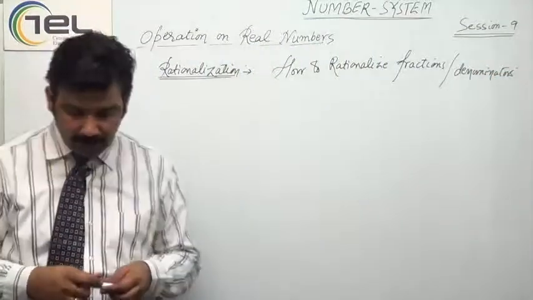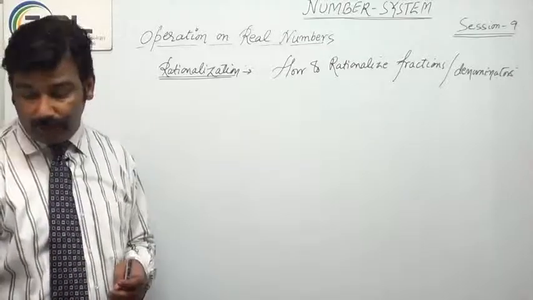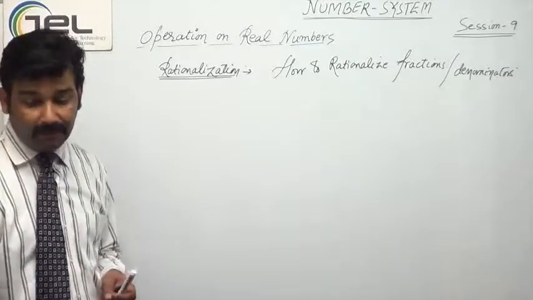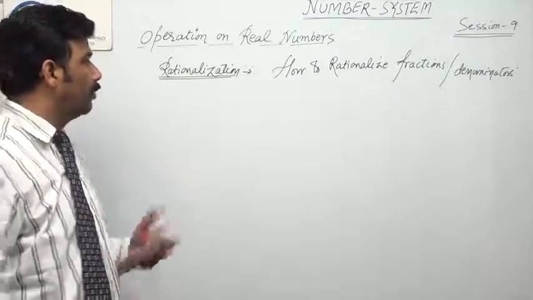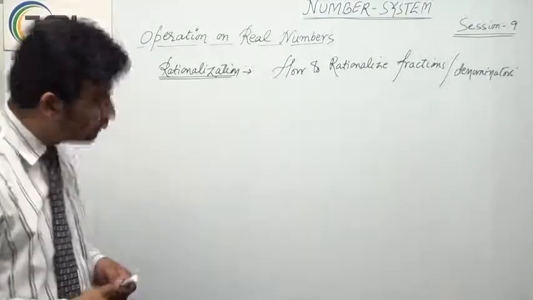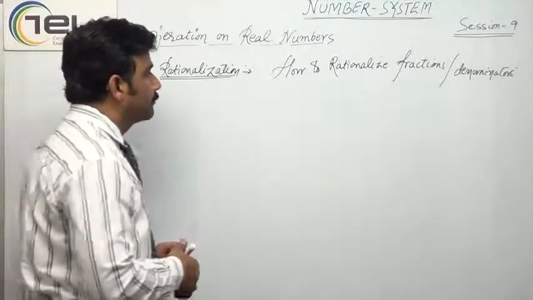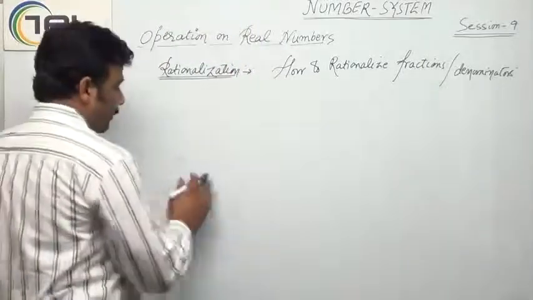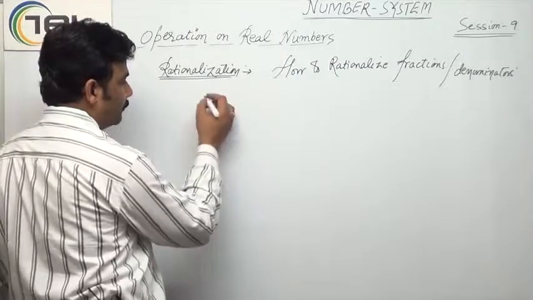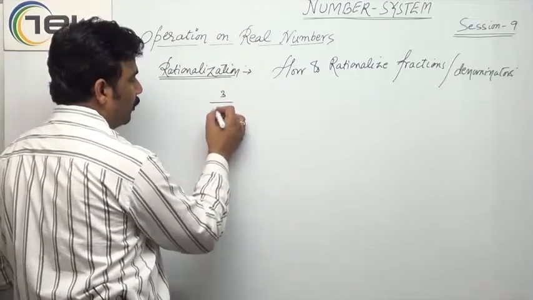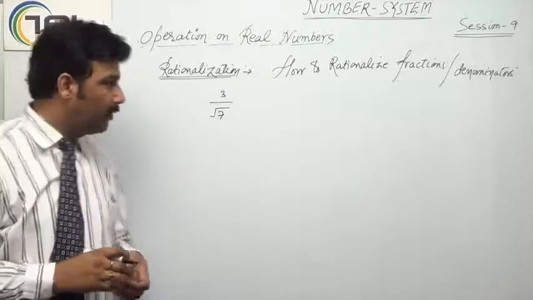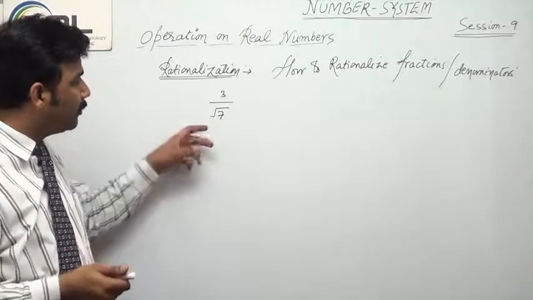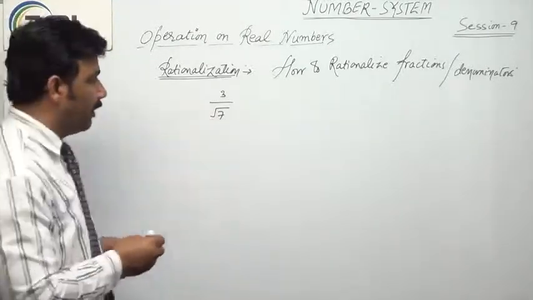Normally what we do is we rationalize the denominators. Okay, so how to rationalize that? Let's say I have an example. Let's say we have 3 over root 7. So we have to rationalize the denominator.